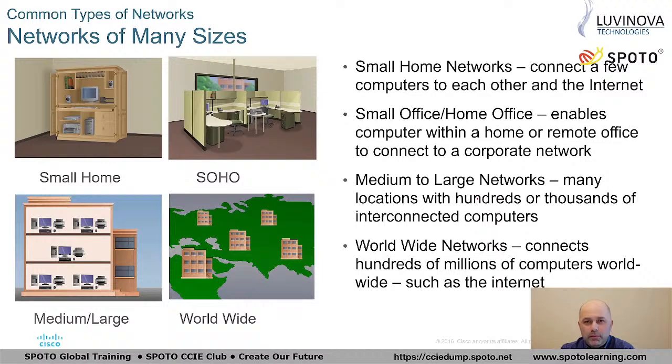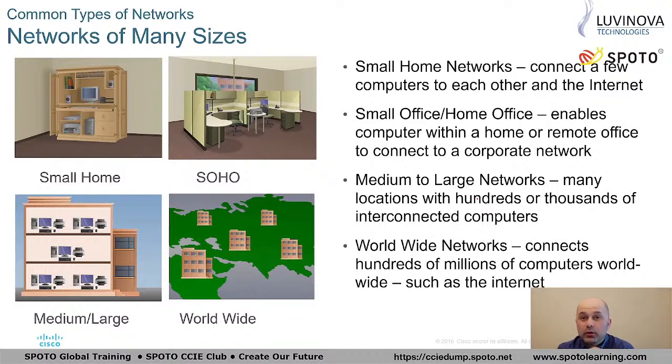So for a small home, or any one of us placing a network at home, we're having a small network, and we call it a small network. Then we have a little bit larger network, but still small, as a company, and we call it SOHO. Small office, home office.